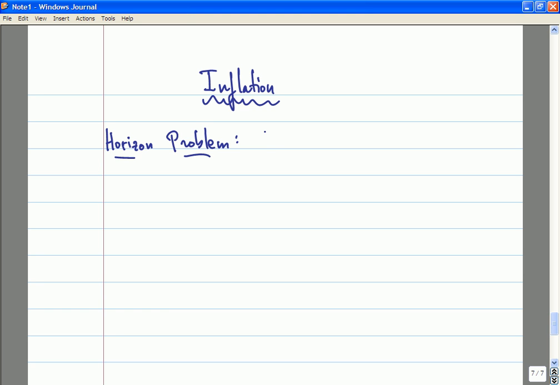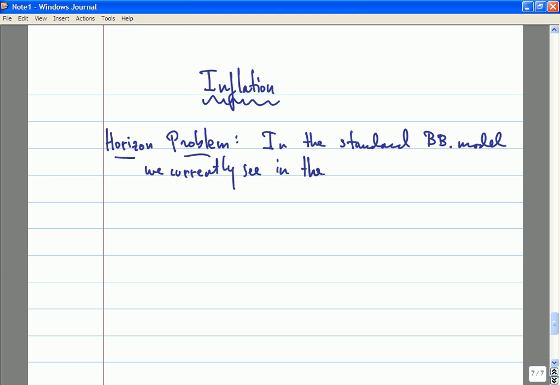In the standard cosmological model, the standard Big Bang model, which is the one that I have presented to you, we currently see in the sky and in particular in the cosmic microwave background, regions of the universe which were never in causal contact.